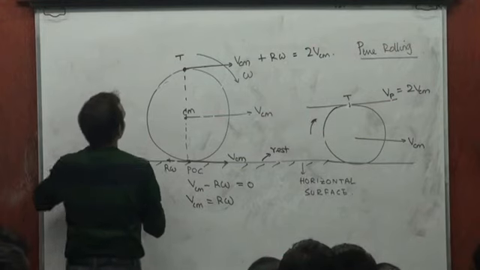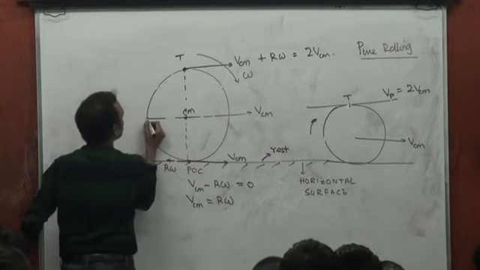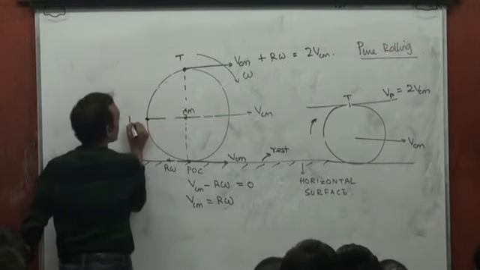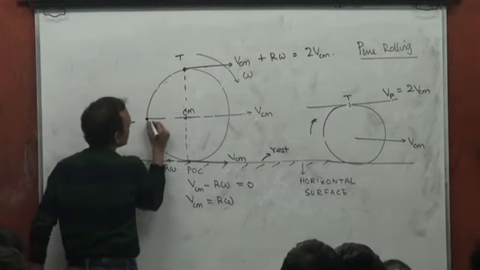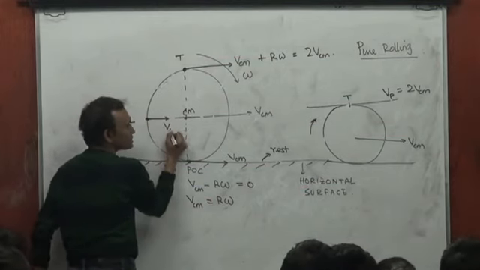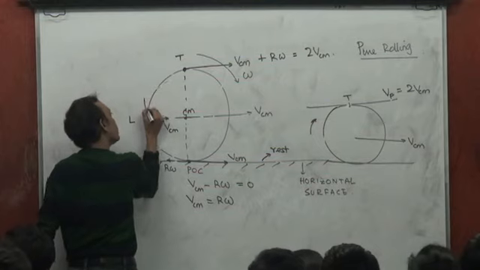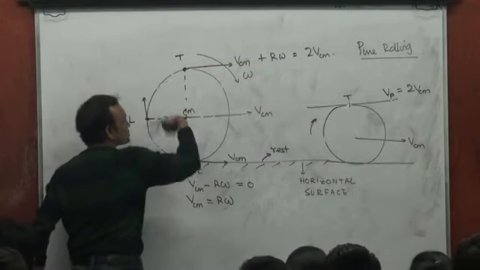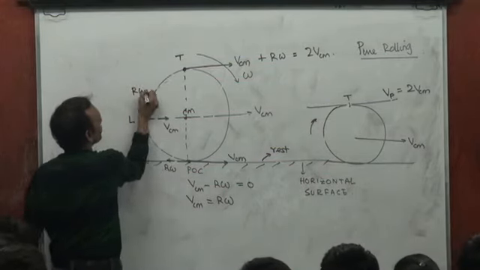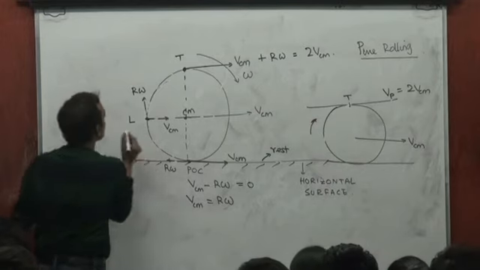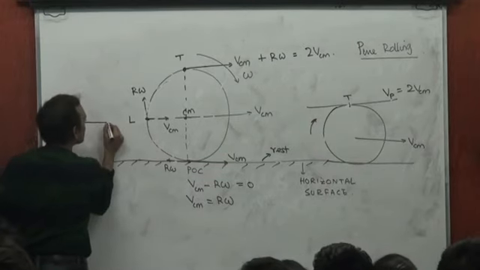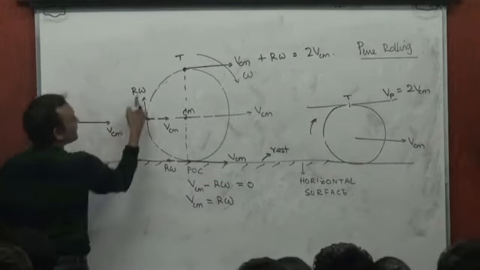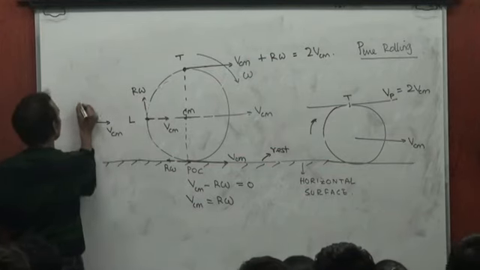If I have to look at the velocity of the leftmost point, it has a velocity VCM because of pure translation, and has a velocity r omega because of pure rotation about the center of mass. So now this is VCM and this r omega is VCM.